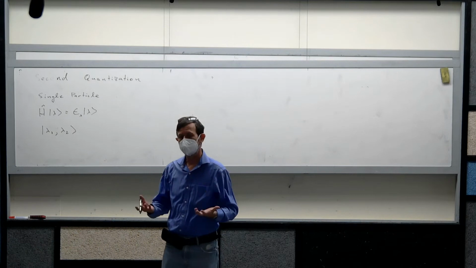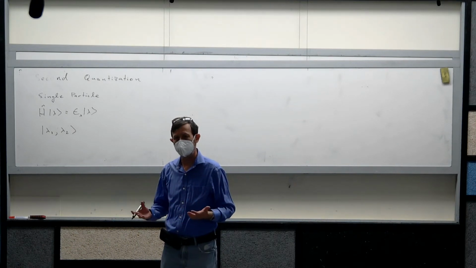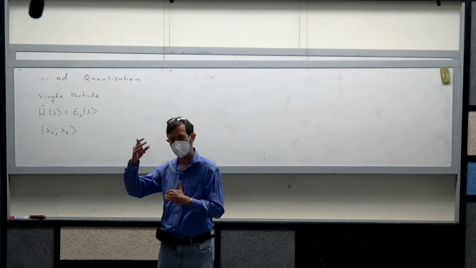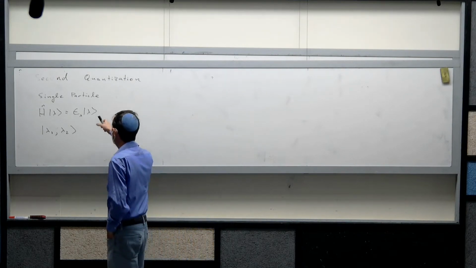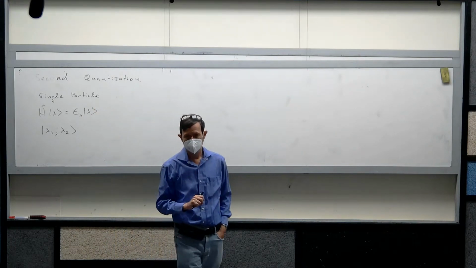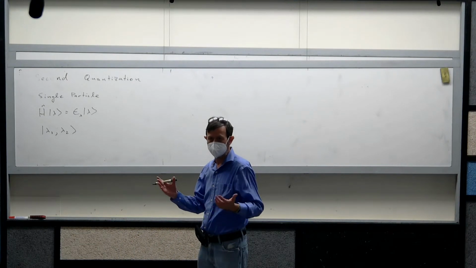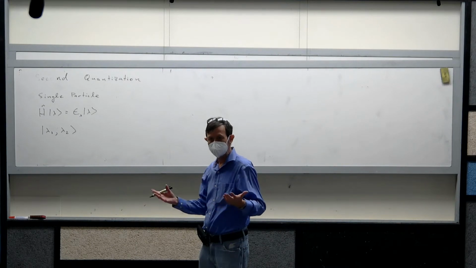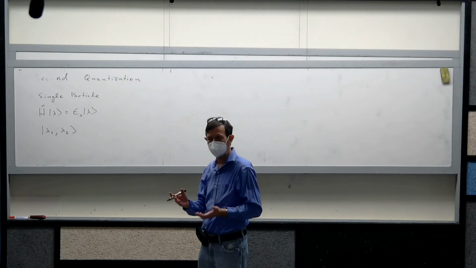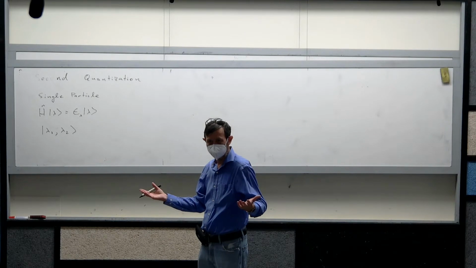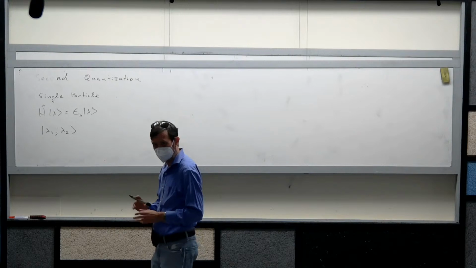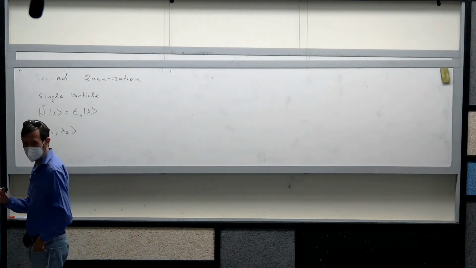You see that the size of this Hilbert space has grown. Previously, let's say I had a single particle problem with n different eigenvalues, of size n. Now I basically have something which is, for bosons, n squared. For fermions it's a bit smaller because I can't be in the same state.